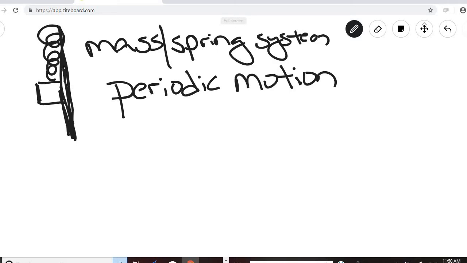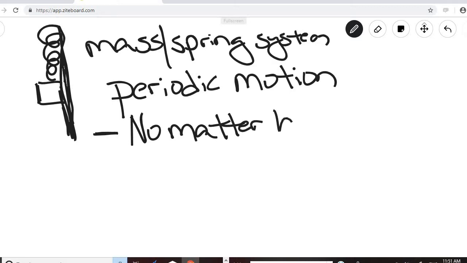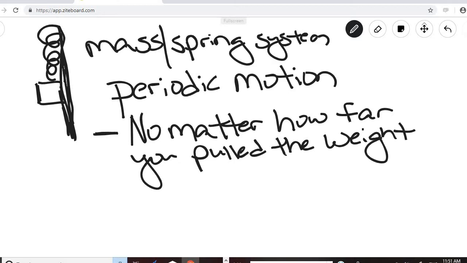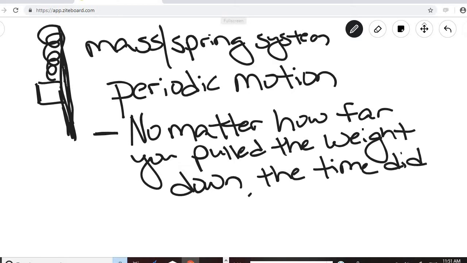Well, the big idea that you would notice is that no matter how far you pull it down, the time did not change. So the amount of time that it took to go up and down, up and down, up and down 5 times, it didn't change.